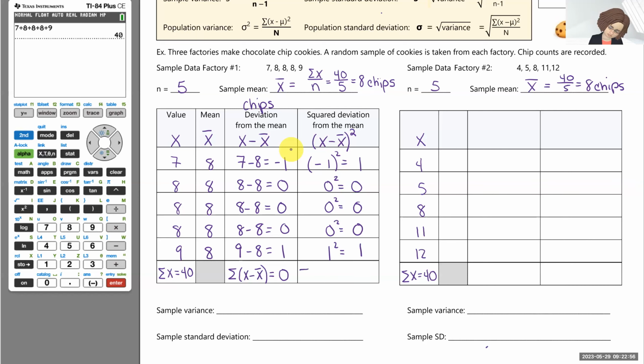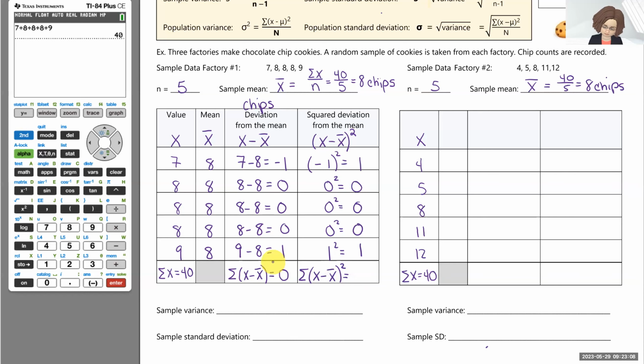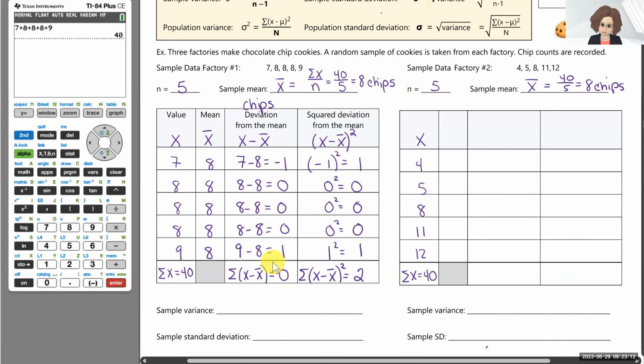All right, so if I add the squared deviations from the mean, now I'm going to get 2. All right. So the idea is we're going to look at that number 2 in comparison to that same value for factory number 2.